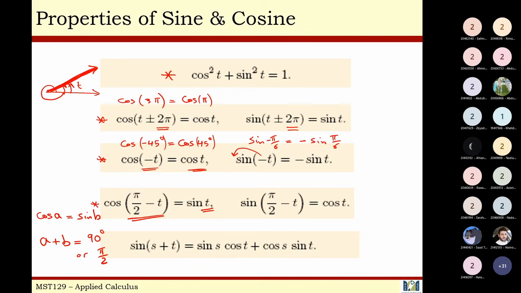Example, cosine 75 degrees equals sine 15 degrees, because 75 plus 15 equals 90. The sine equals cosine if the angle of cosine plus the angle of sine equals 90.